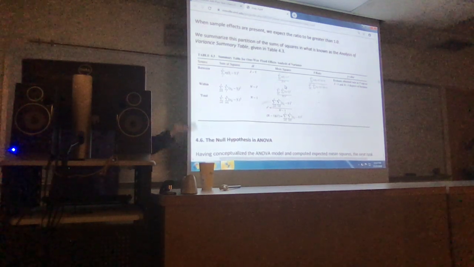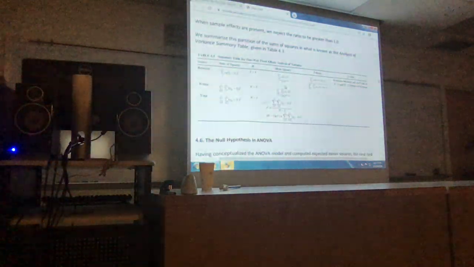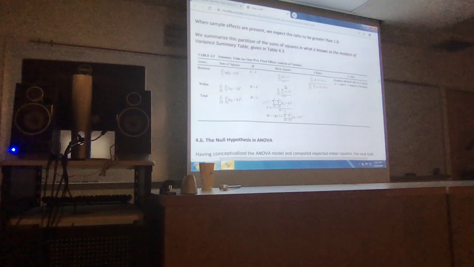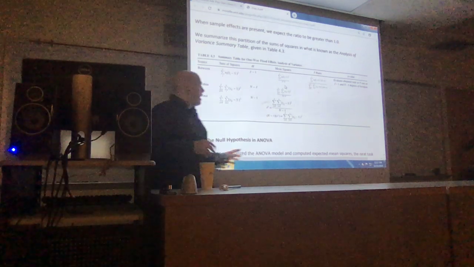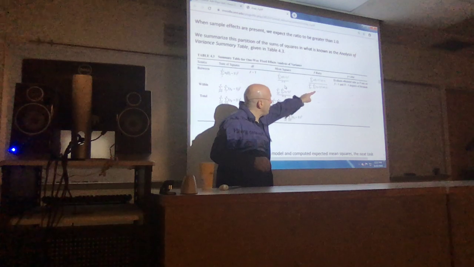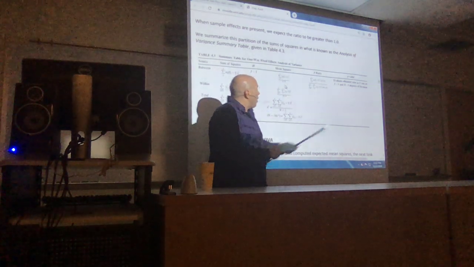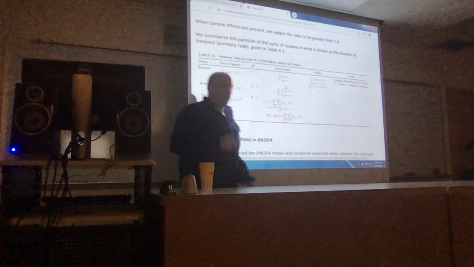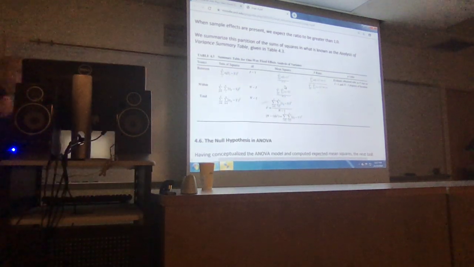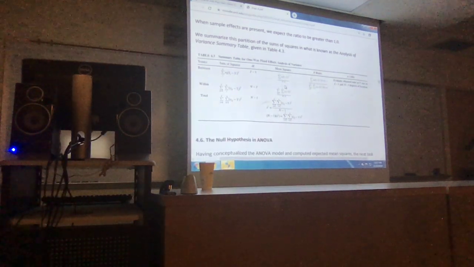Which sampling distribution? In this case, it's an F distribution, but how many F sampling distributions are there? Theoretically, there's an infinite number. So what the computer's doing is evaluating the probability of that F on j minus 1 and n minus j degrees of freedom.